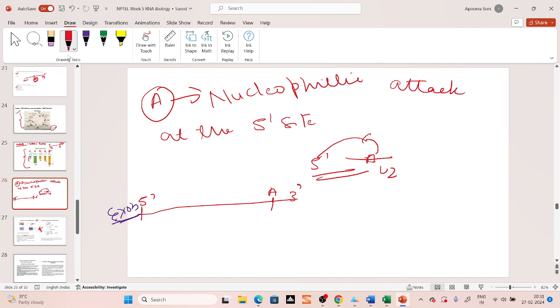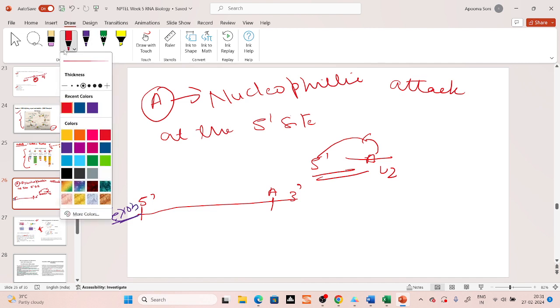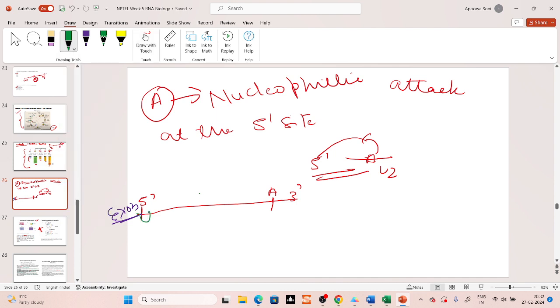Now, U1 comes and it binds to the exon intron boundary. U2 comes here. Because U2 has come, this A is projected outwards so that it can interact. Then what happens? Again, 5 prime site, 3 prime site.